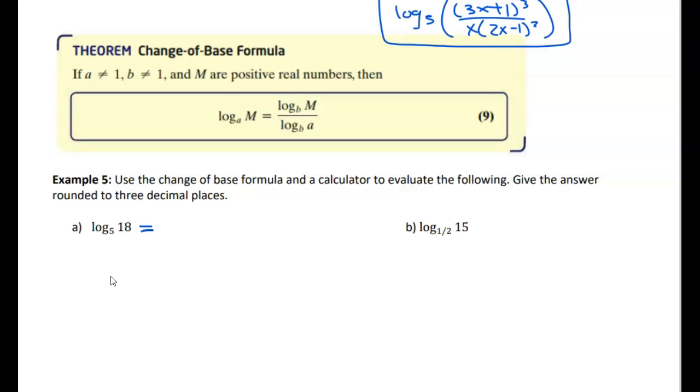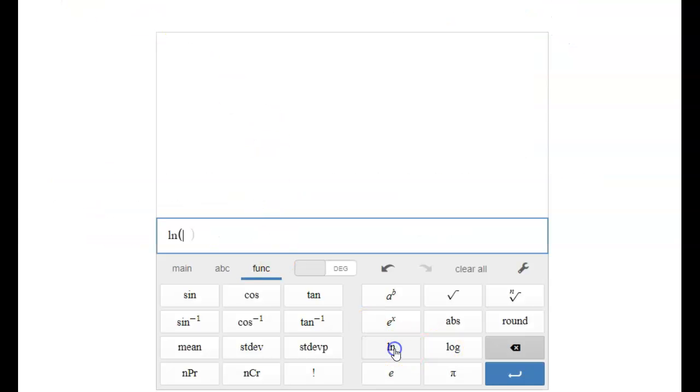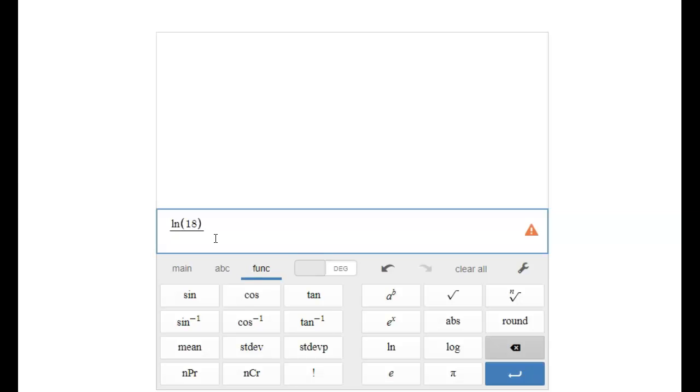So this is going to be ln of 18 divided by ln of 5. And we can plug that in the calculator, and that will evaluate log base 5 of 18. Okay, so ln of 18 divided by ln of 5.